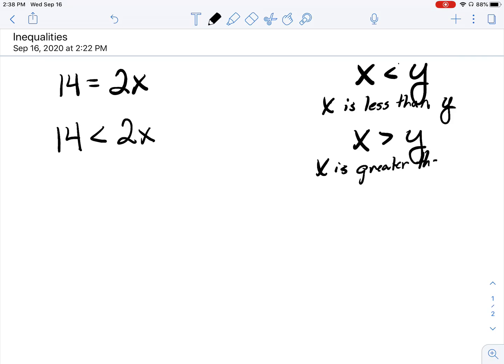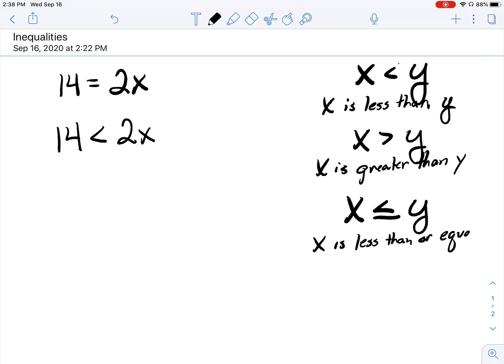I can also have a situation where x may be less than or equal to y. Notice we have both the equal sign in there and the less than. So x is less than or equal to y.